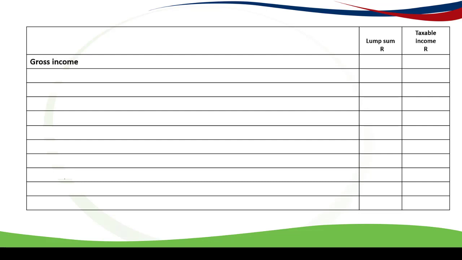Okay, so in the current question, we're going to start off with gross income, and in the gross income, we're going to show the lump sum benefit of 1.5 million rand. Now remember, it's the net amount that's included, so we are able to take off the deductions, and in this case, the first deduction is the unclaimed balance of contributions of 30,000 rand.